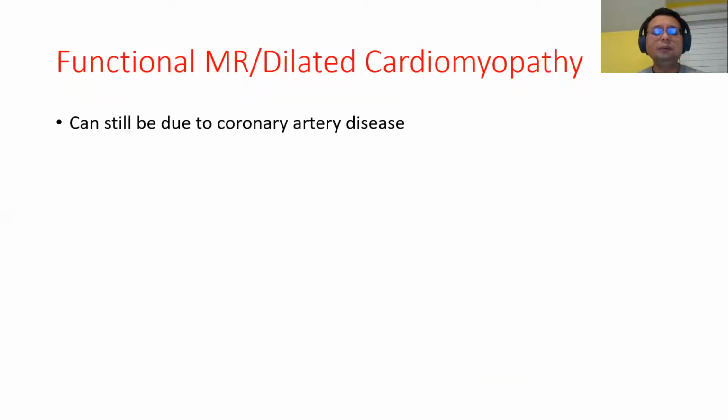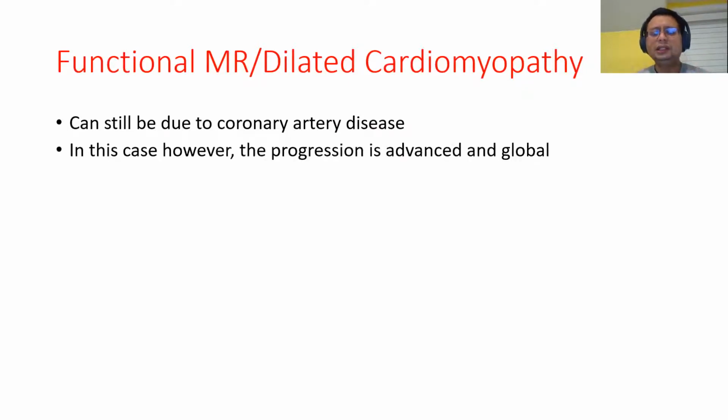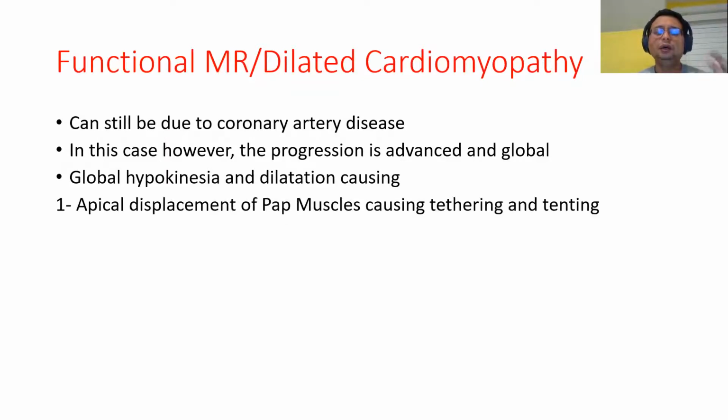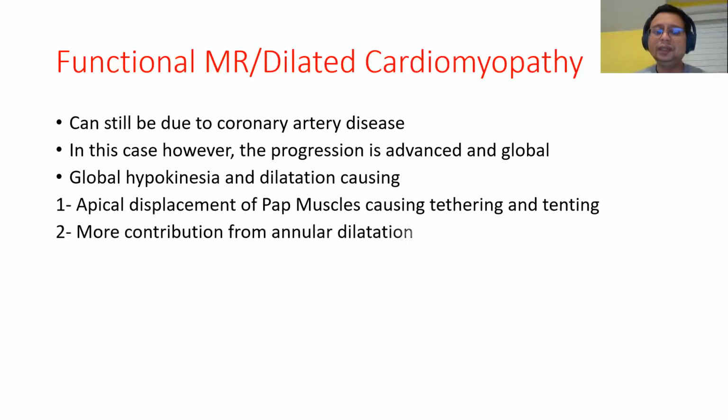So in functional MR, dilated cardiomyopathy can still be due to coronary artery disease, but the disease process is already too far advanced. So you no longer put that inside the category of ischemic mitral regurgitation. In this case, the progression is advanced and global. You can have global hypokinesia and dilatation causing apical displacement of papillary muscle causing tethering and tenting.